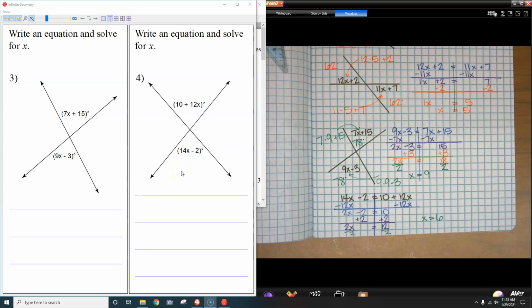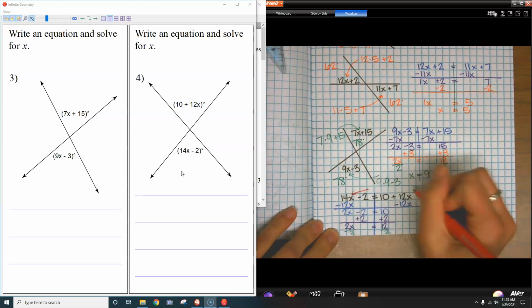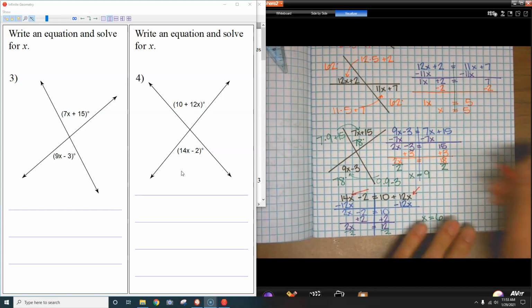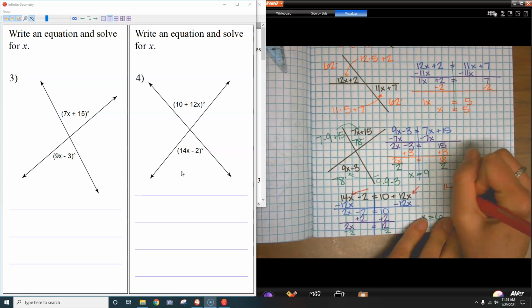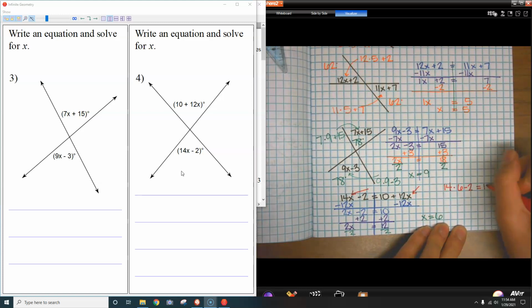So I'm going to take that 6 and I'm going to plug it into both equations to make sure I have done it correctly. Because I didn't draw the diagram, I'm just going to plug my 6 in here and plug my 6 in here, but I'm going to write it over here. 14 times 6 minus 2 needs to equal 10 plus 12 times x, which is 6.